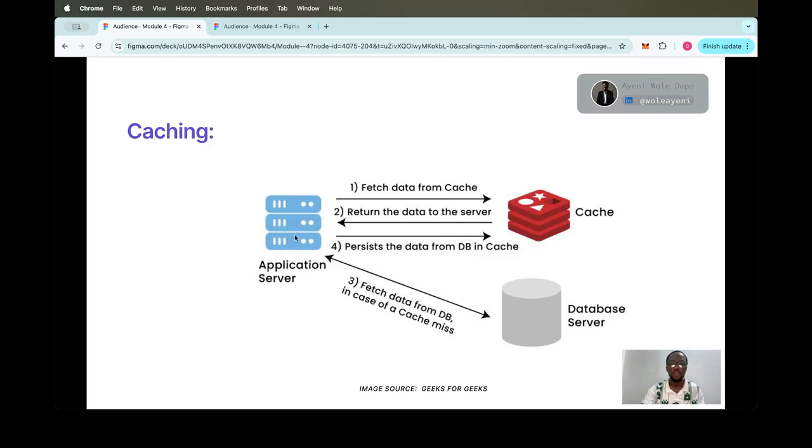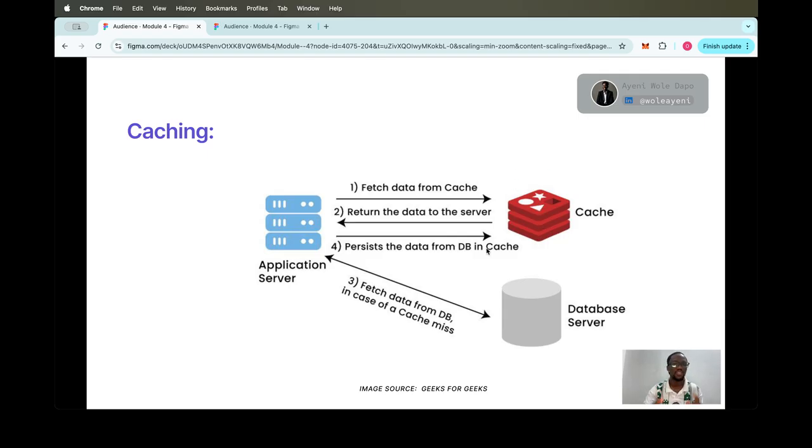But where the information is not in cache, it goes to the database to fetch the information. Once that information is fetched, it sends it back to the customer. On number 4, you see it persists by storing that information in the cache. So for future requests, instead of going directly to the database, it goes to the cache.